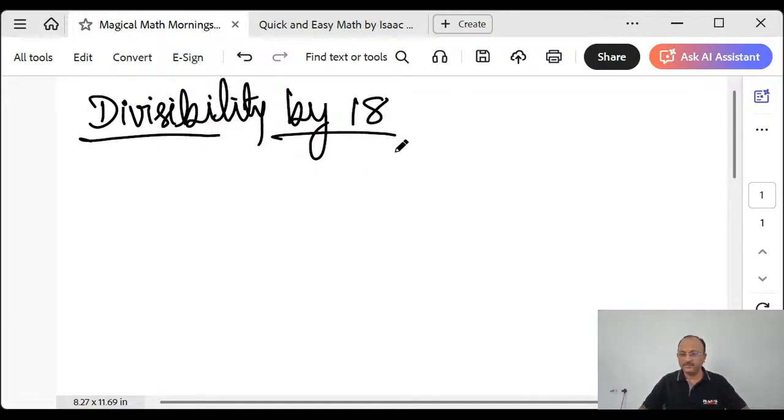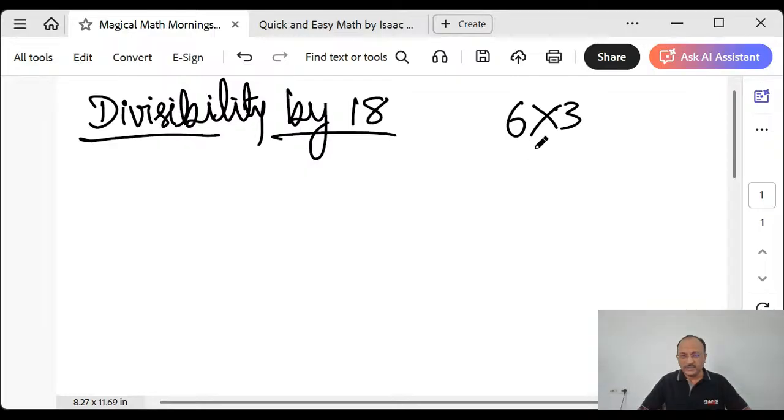So one we got is 6 into 3. 18 can be expressed in many ways. 1 into 18 is useless because with 1 every number is divisible. Is 6 into 3 the right choice for 18? Everyone is giving 6 into 3.